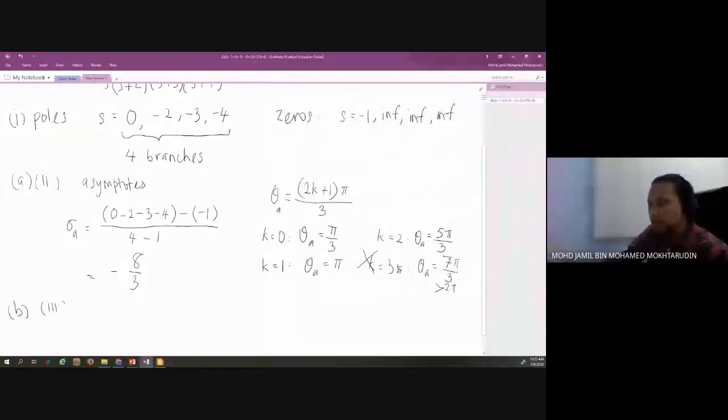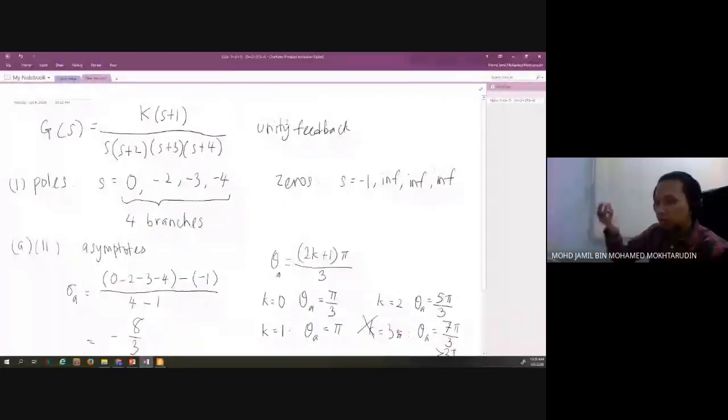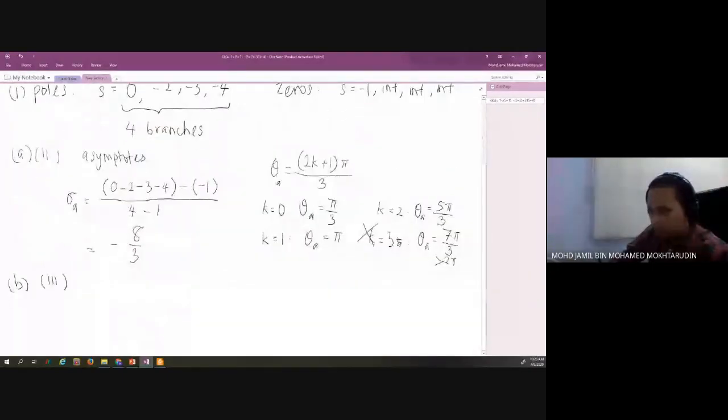The transfer function given here is G(s) with unity feedback, so you need to calculate the closed loop transfer function. I name it T closed loop, which equals G(s) divided by 1 plus G(s), because H(s) equals 1.